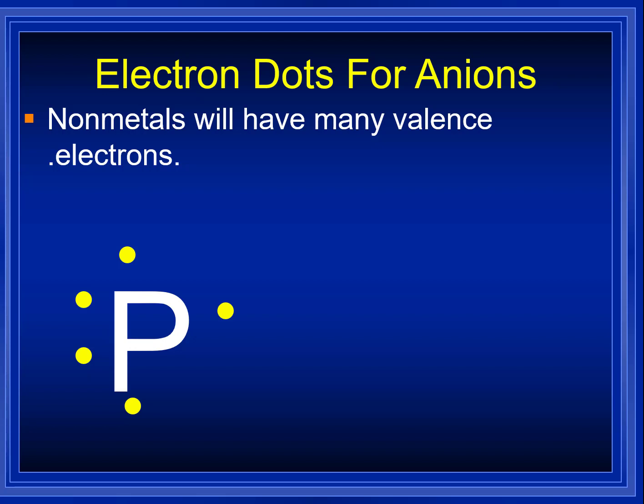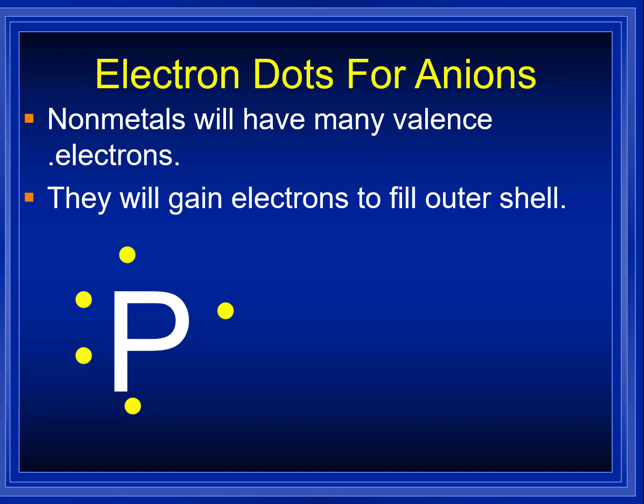So how do nonmetals react? Metals lost their valence electrons, and nonmetals gain. How do they gain? They gain enough to fill it up. They gain enough to achieve noble gas electron configuration.